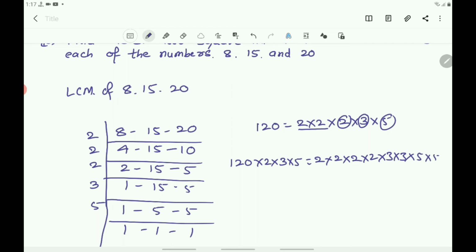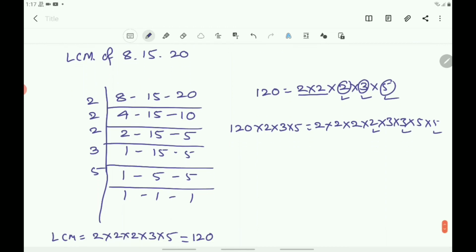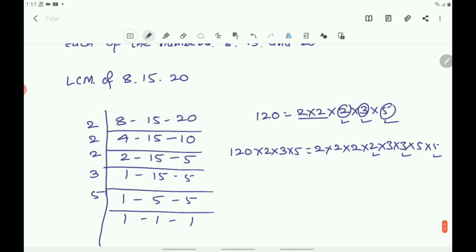So here we multiplied both the sides by 2 into 3 into 5, because here 2 is single, 3 is also single, 5 is also single. Therefore we multiplied here 2, 3 and 5. Now the product becomes 120 into 2 is 240, 240 into 3 is 720, 720 into 5 is 3600.